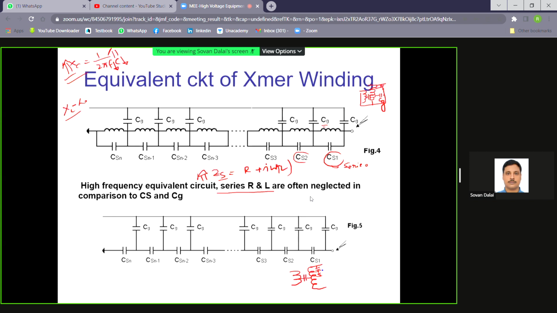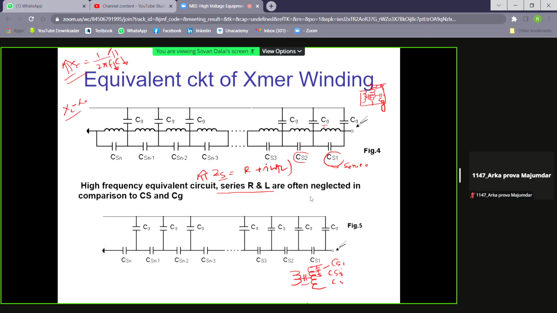This is considered as series capacitance, like CS1, CS2, CS3. The effect of this capacitance is very low compared to the other, but still it is distributed. Now it is clear?